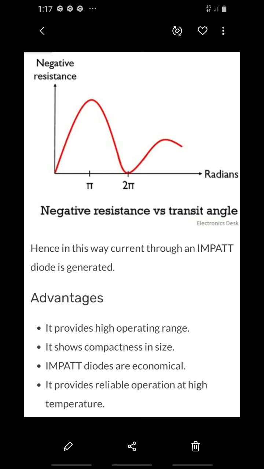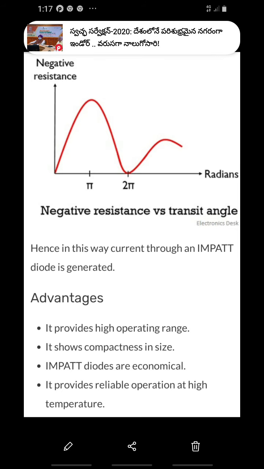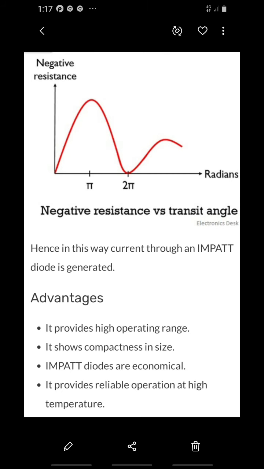Here, at this voltage, some electrons and holes are generated at the depletion region, which again knock the nearby charges to release them from their covalent bonds.